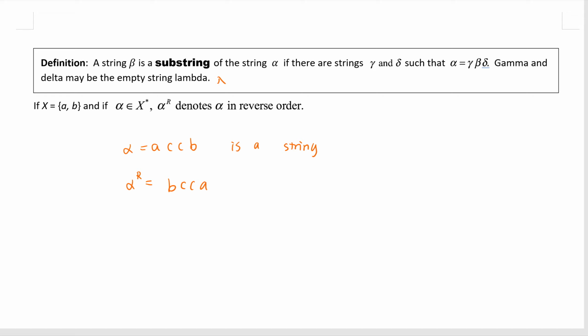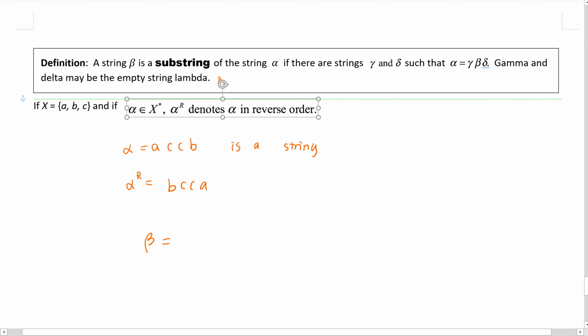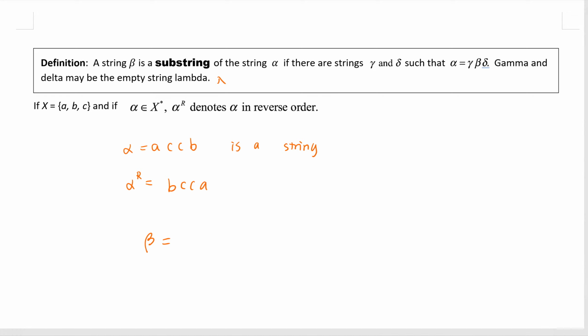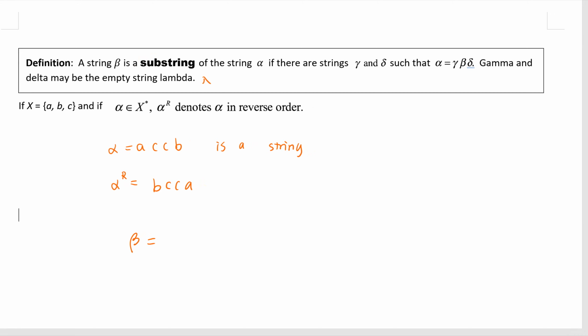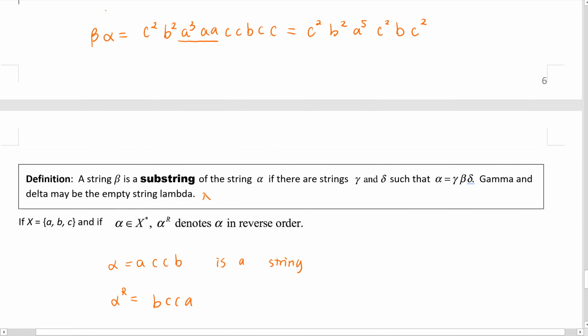And for substring, let's say beta, sorry, I think I realized I have a typo here. Let's allow x to be A, B, C. Then we can have A, B, C there, otherwise C should not be there. There's something wrong with my word processor, let me fix it.